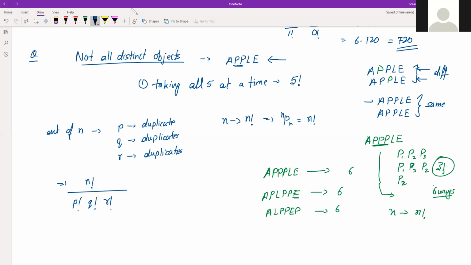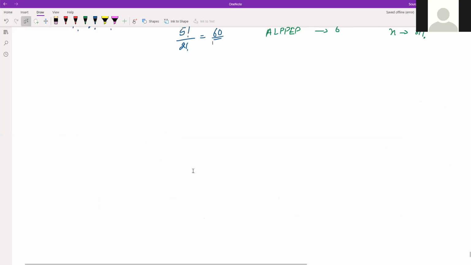So Apple is a very small example in which you have only 2 duplicates. Total there are 5, so it will be 5 factorial divided by 2 factorial, that is 60. But you will find some examples where there are many letters or objects which are duplicates.